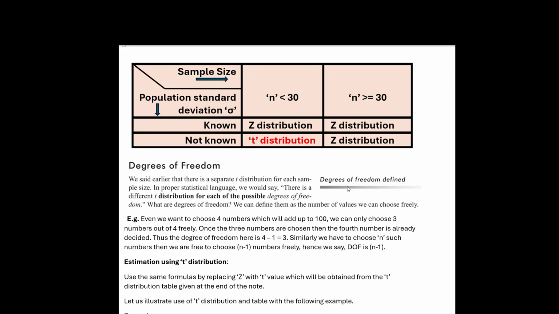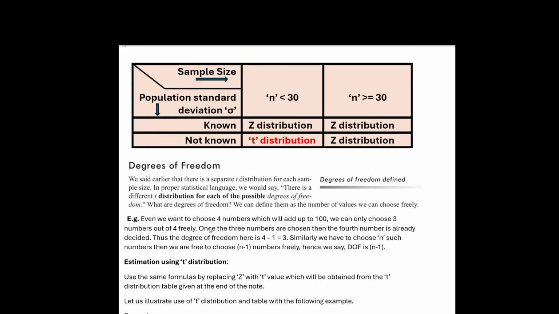When we are using the t-distribution, in the table we need to use degrees of freedom. So what is degrees of freedom? It is how free you are to select particular values, the number of values we can choose freely. To understand it, consider four numbers which have to add up to 100.